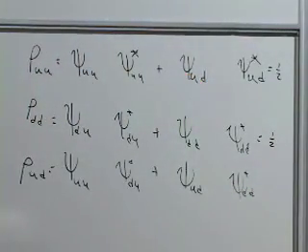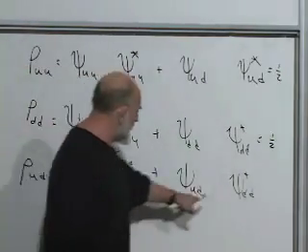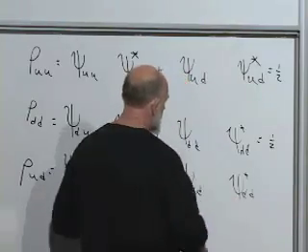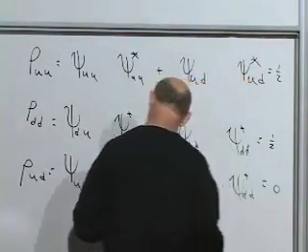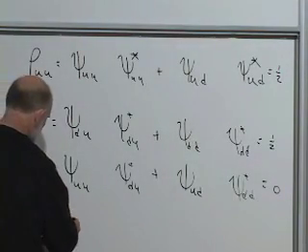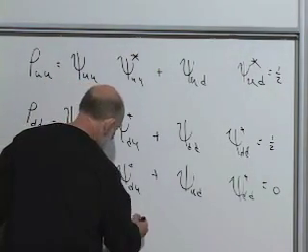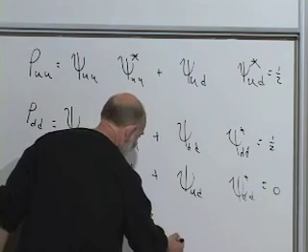What's that? 0. Psi up, up is 0, and psi down, down is equal to 0. So that's 0. And of course, rho down, up is also equal to 0. So in this case, the density matrix is just rho equals a half, a half.